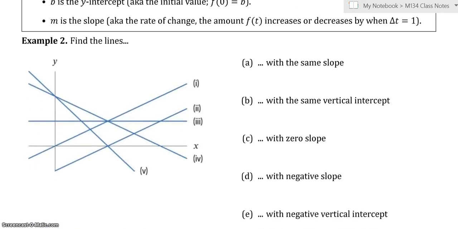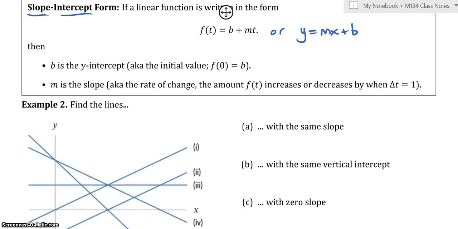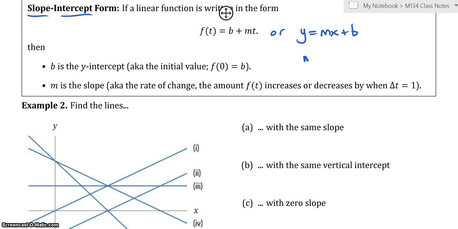So let's look at example 2. Find the lines that have the same slope. Which two lines have the same slope? Well, they have to have the same rise and the same run. M is the rise, the delta y over delta x, which is the rise over the run.